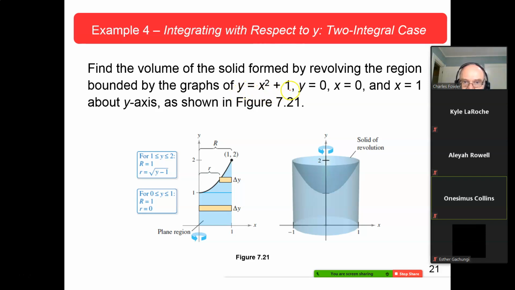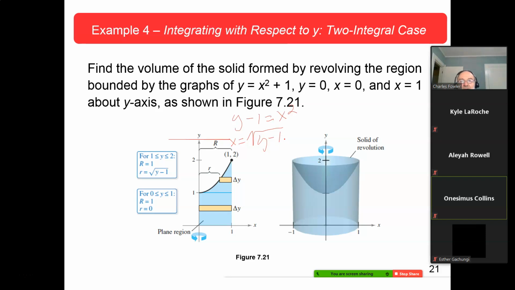So first we subtract 1 from both sides. That gives us y minus 1 is equal to x squared. Agreed? Now we want to solve for x. So x is equal to the square root of y minus 1.